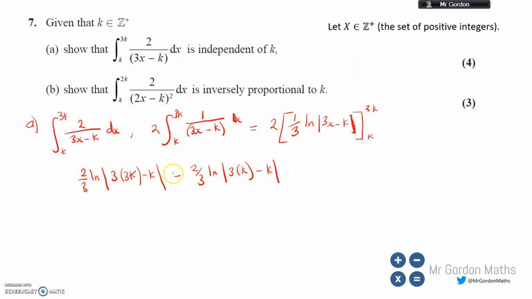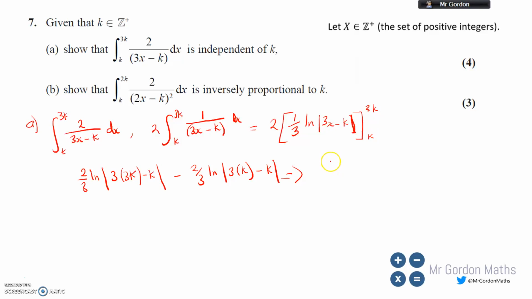So I can combine these logs. They're both the same logarithm, and if you subtract, that is the same as dividing what's inside the modulus signs for the natural log. This is a log rule that I'm about to use. I'm going to factor out the 2/3 and put it over here, otherwise I don't have enough room.